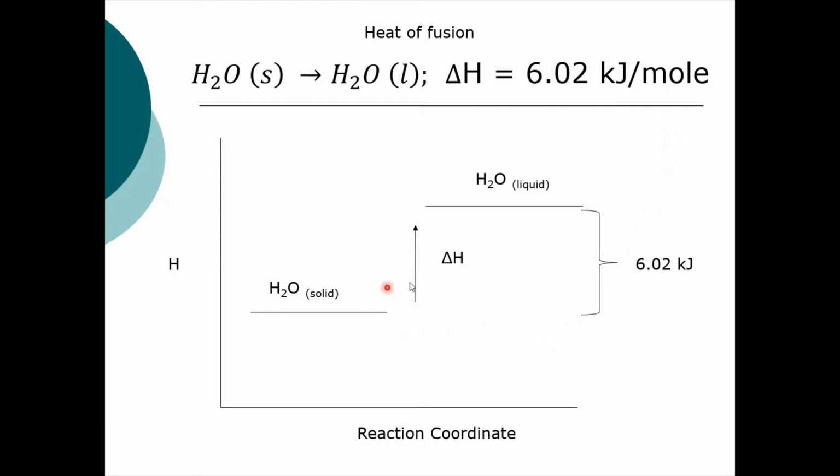What that tells you is that liquid water has an enthalpy that is 6.02 kilojoules more than solid water. So in order to get from here to here, you have to put in those 6 kilojoules. Notice this is positive because you have to put energy in to get it to go to a higher energy level.